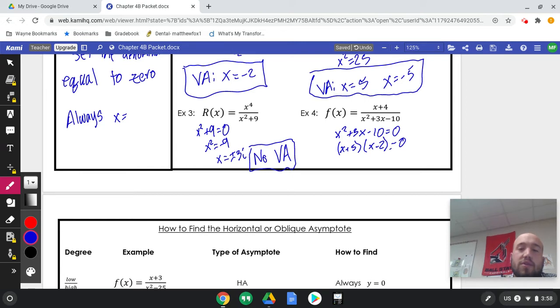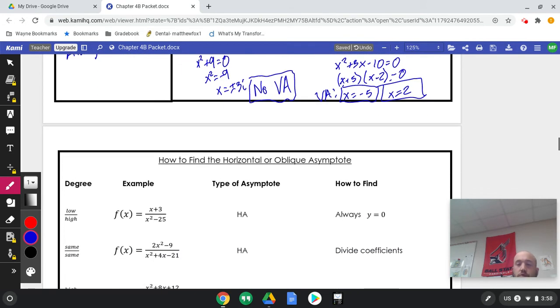And we're going to set both parts equal to 0. We know it'll be the opposite of both of those. So we'll get x equals negative 5, x equals 2. And these are my vertical asymptotes. One's right there, and one is right there. So vertical asymptotes are pretty straightforward.